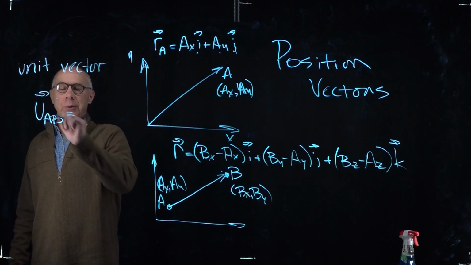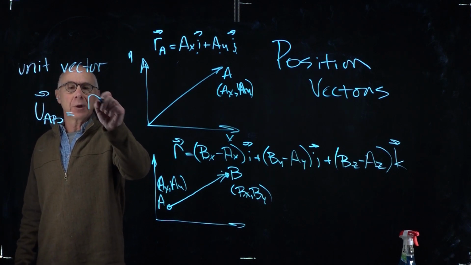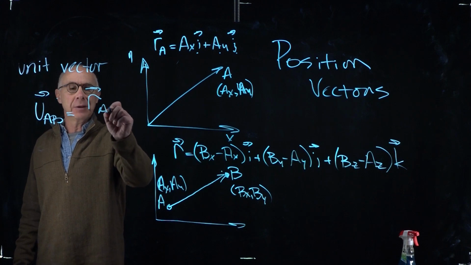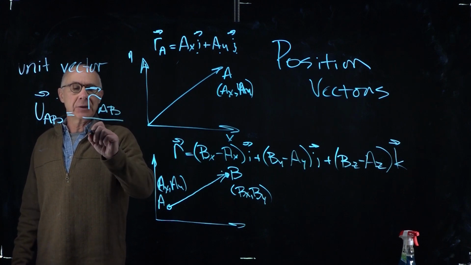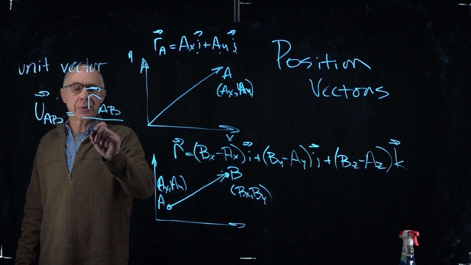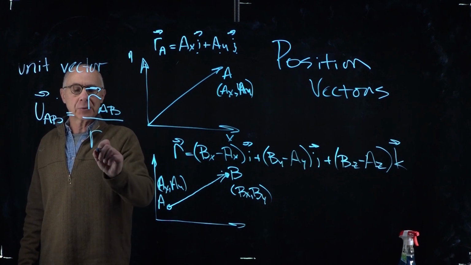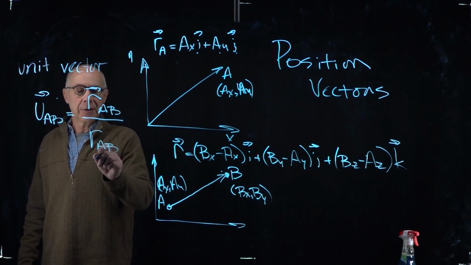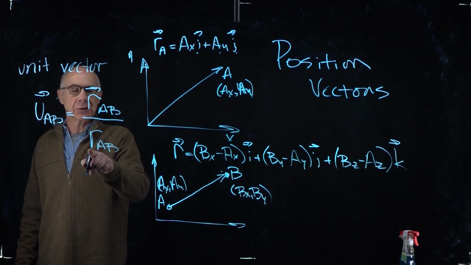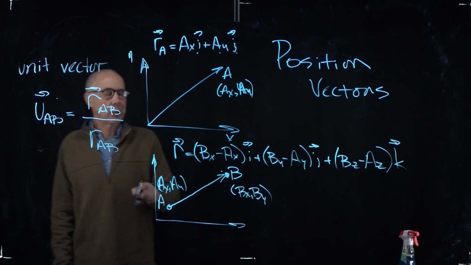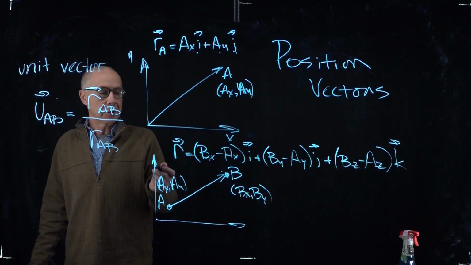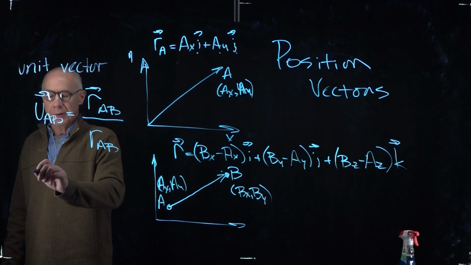So u_AB is a unit vector, so we put an arrow on top, and it would equal r_AB divided by the magnitude of that position vector, which I'll write in scalar form. This is the magnitude of r_AB, and we can find it using the Pythagorean theorem.